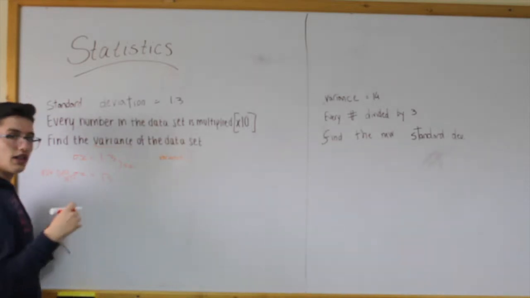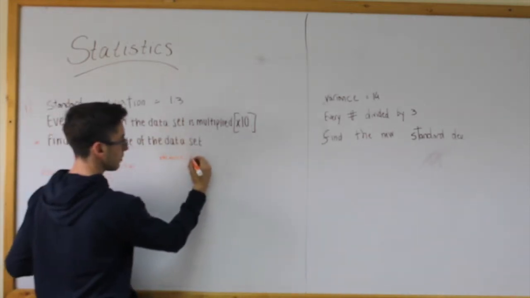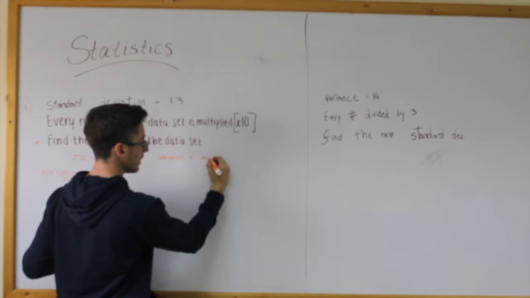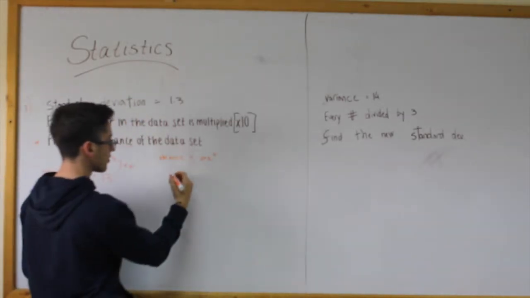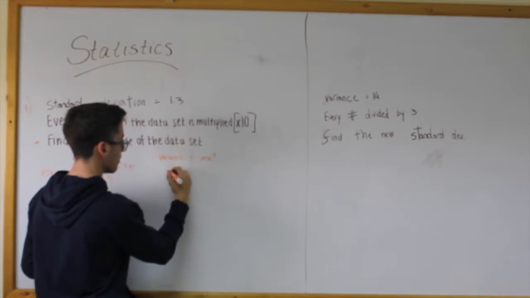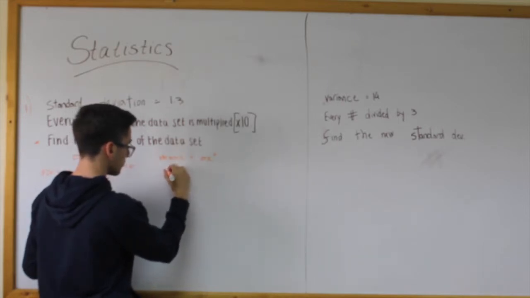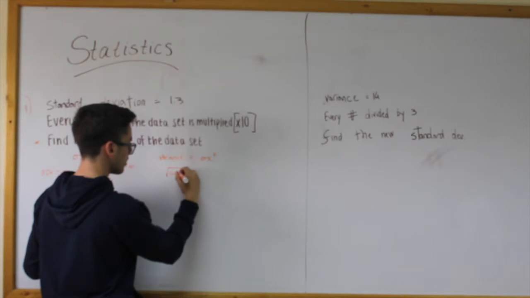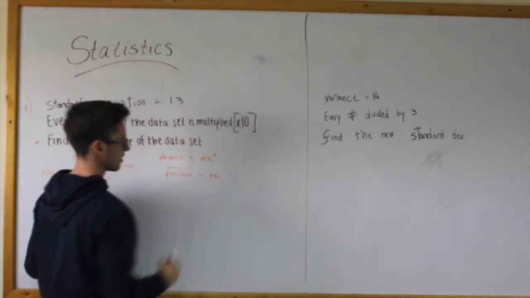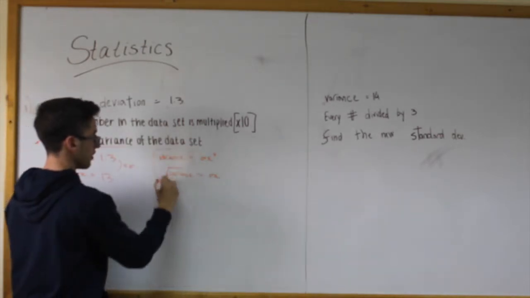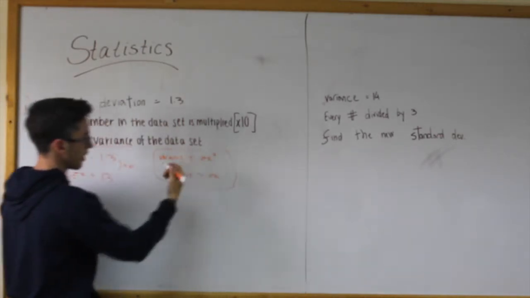So the variance would be equal to the standard deviation squared, or the other way around, the square root of the variance equals the standard deviation. These are formulas that you guys need to be familiar with in order to solve for either one.